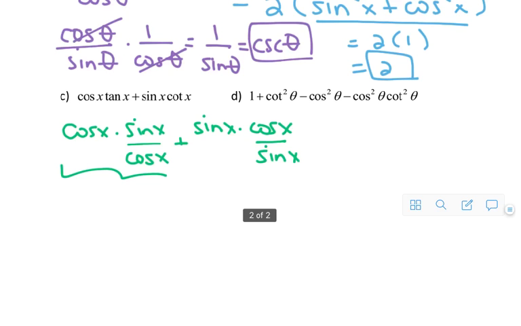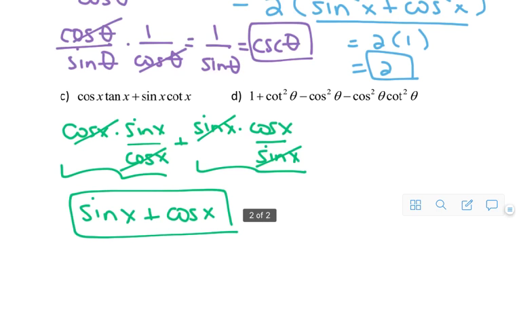So when I multiply these fractions together, these cancel and you're left with sine x. And when I multiply these fractions together, the sines cancel and I'm left with cosine x. And that's all I can do to simplify it.